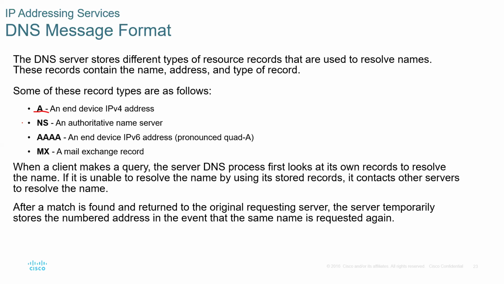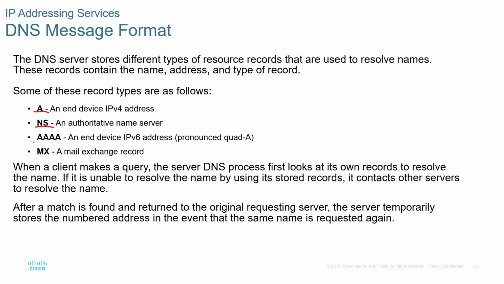Then we have the NS record. NS stands for name server, and it's usually an authoritative name server. The name server is the machine that carries the name you are talking about, because you are trying to match the IP address with the corresponding domain name. So the name server talks about the domain name.